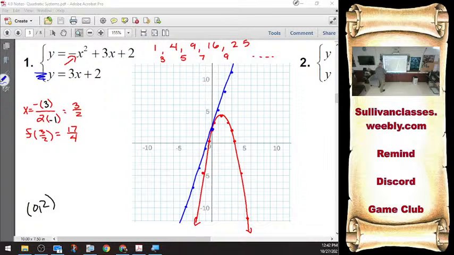Okay. Now, question. How did I get 0, 2 without graphing it 8 minutes ago? Substitution, maybe?